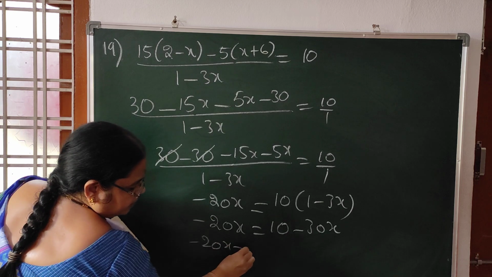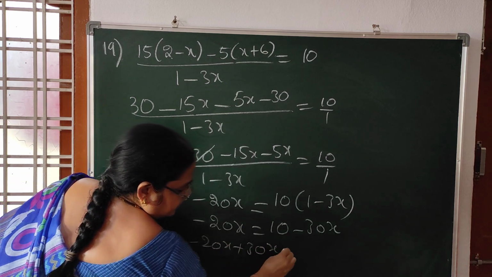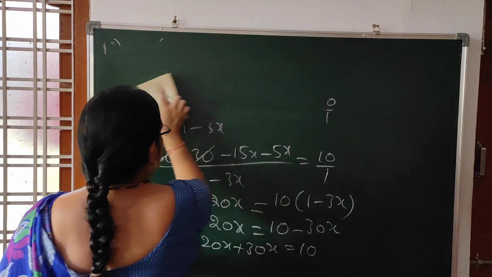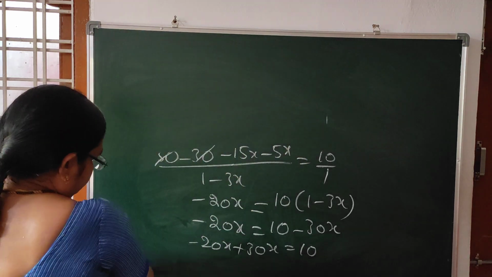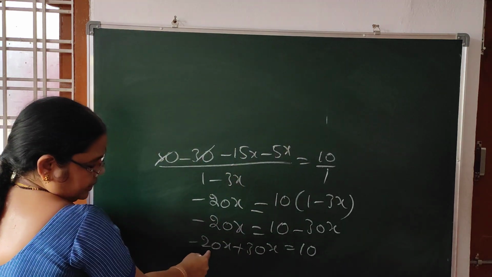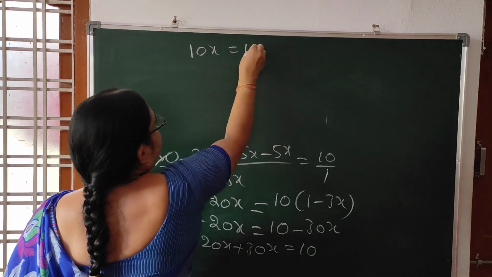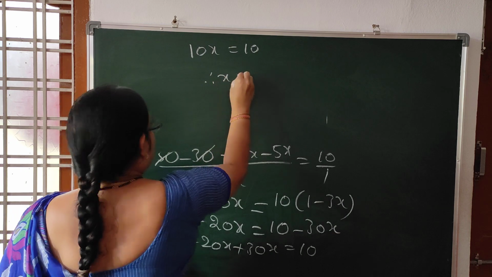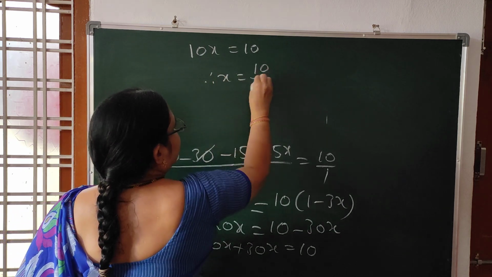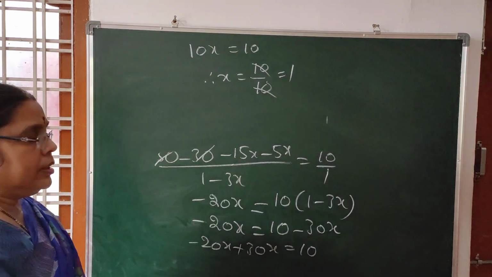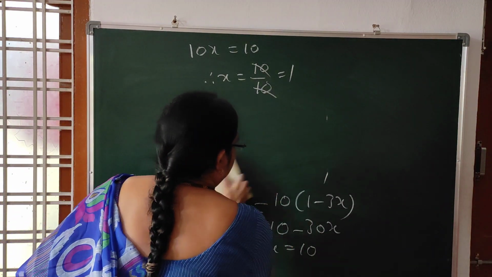Minus 20x plus 30x is equal to 10. So what happens? 30 minus 20 is 10. 10x is equal to 10. Therefore, x is equal to how much? 10 by 10, which is equal to 1. x is equal to 1.